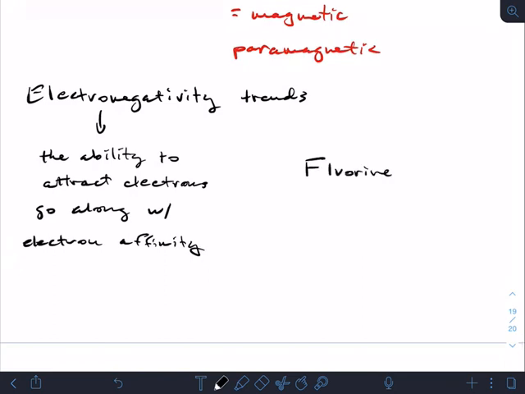And the trend is very simple: fluorine is most electronegative.